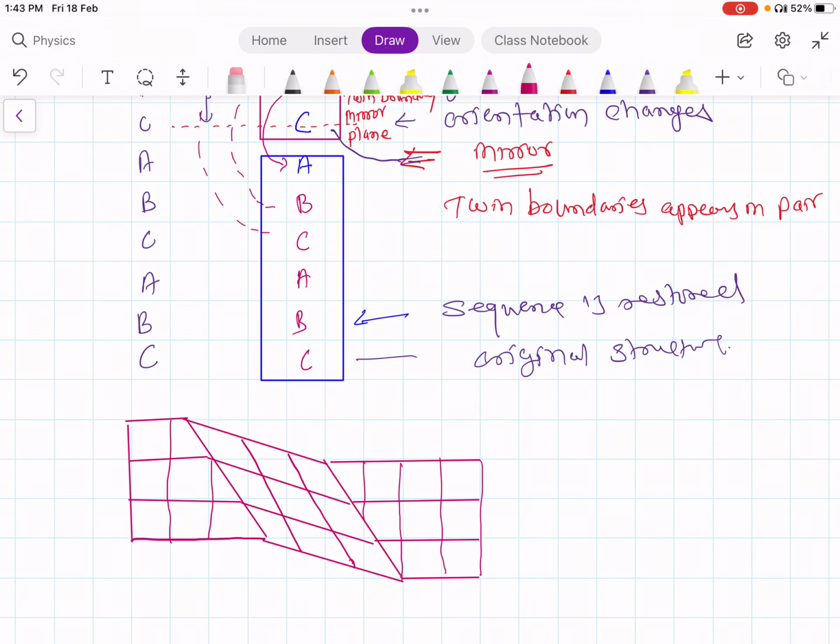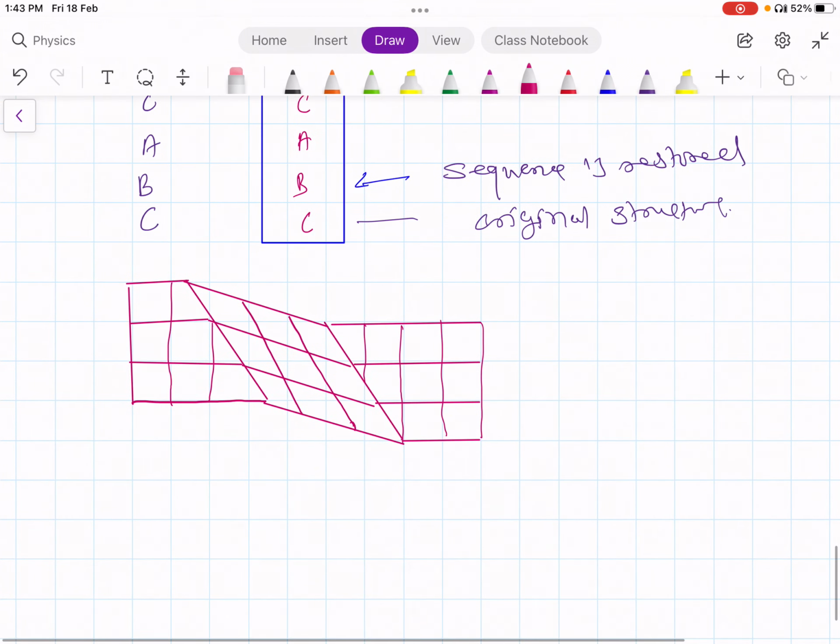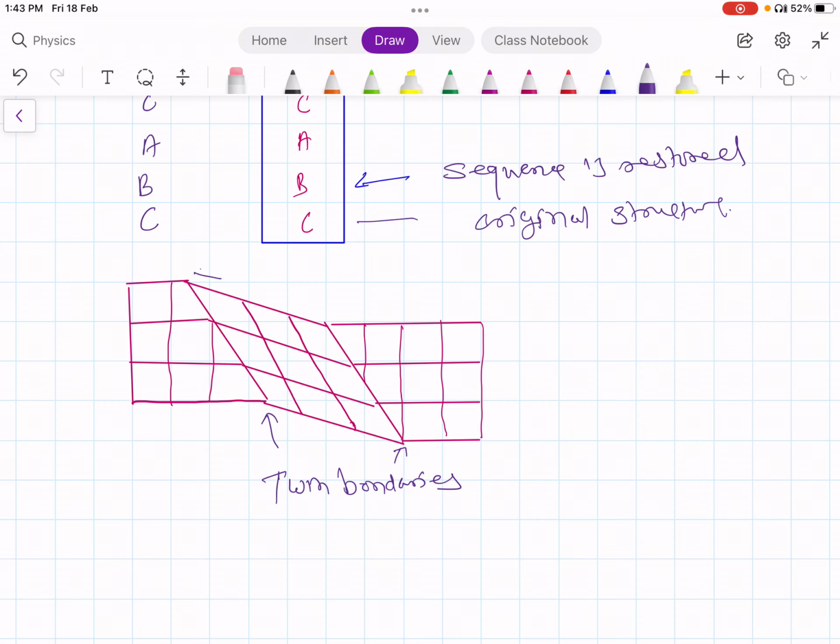So this is the twin boundaries, this and this are twin boundaries, and the region between these two twin boundaries is called the twin.